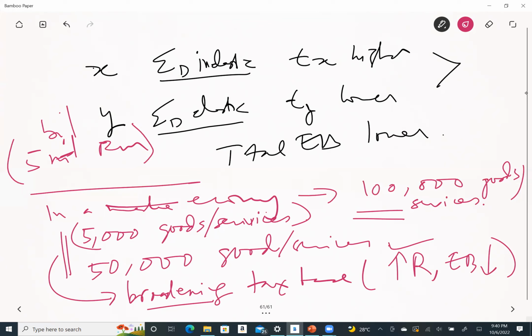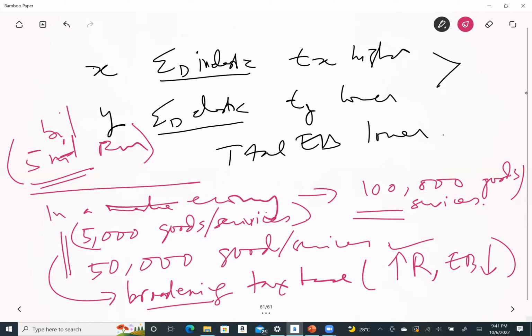If you want to raise a certain amount of revenue, that means the same revenue, by broadening the base you can lower the tax for each of the goods. So this is another criterion.